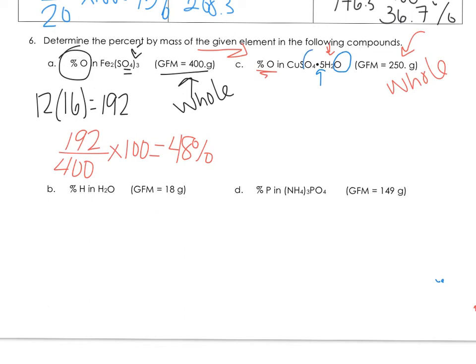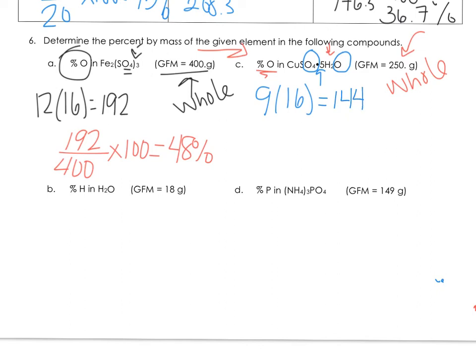And then I have an additional 4 oxygens that are here, so that means that I have a total of 9 oxygens. So I have 9 times my 16. And so that means that I have 144 grams per mole of my oxygen.